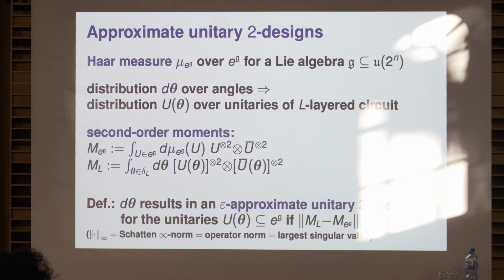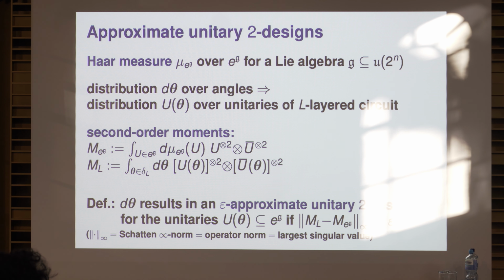Now the point is we need, as a condition for the theorem, an epsilon approximate unitary 2 design, which tells us that the circuit is deep enough. If you have a very short circuit, the establishment of the barren plateaus will not work. So you need a deep enough circuit, and this is captured by this condition here.